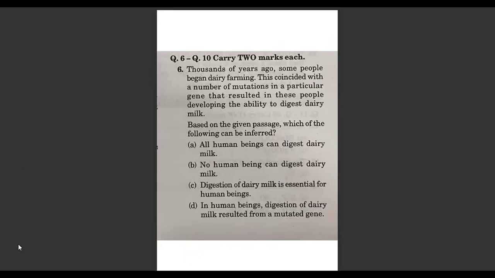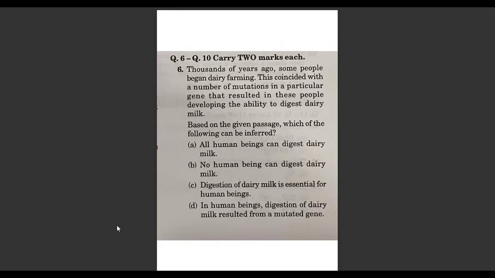Therefore, the ability to digest dairy milk in human beings is attributed to a specific genetic mutation. The passage does not make any broad claims about all human beings being able to digest dairy milk, nor does it suggest that digestion of dairy milk is essential for all human beings. So for question number 6, the answer is: in human beings, digestion of dairy milk resulted from a mutated gene.